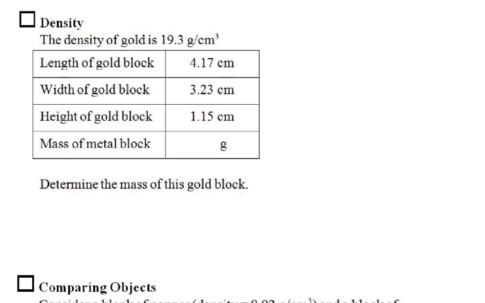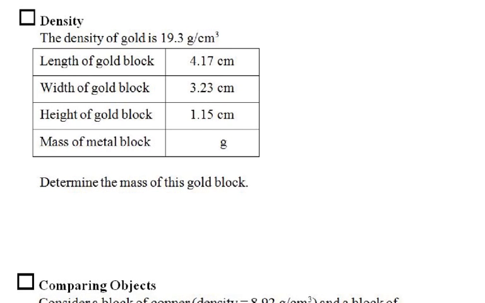Okay, the second one is a little more straightforward. The density of gold is 19.3, so I want to know what's the mass of my metal. What's the mass of my metal? So what do I know? I know density, and I'm looking for my mass.